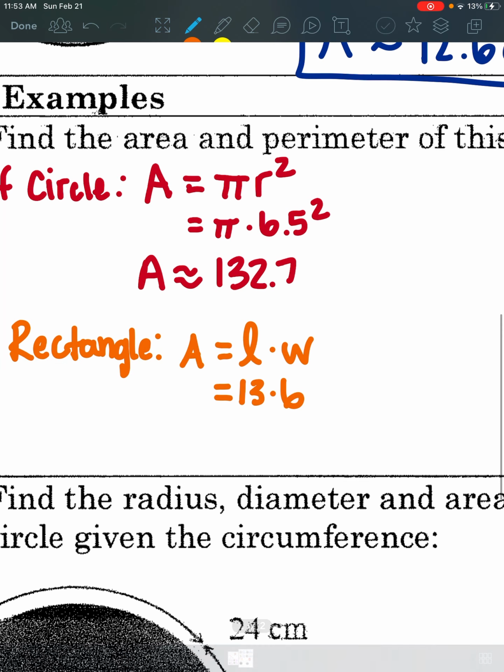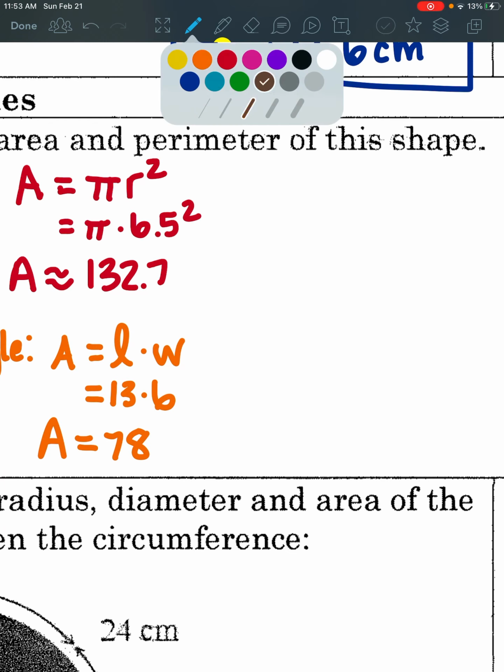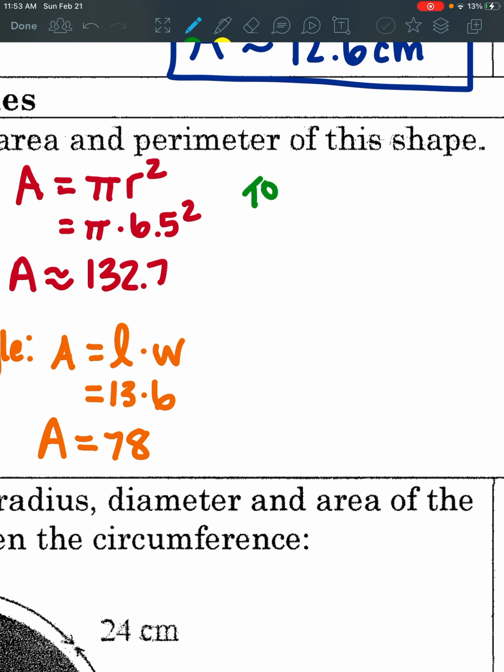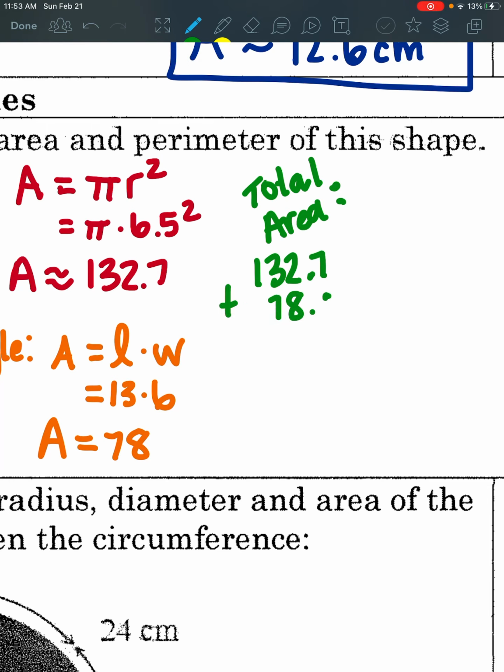And then last step, we need to add those together. So the total area of that shape, we're going to do 132.7 plus 78. Notice I lined up the decimal since 78 didn't have a decimal.